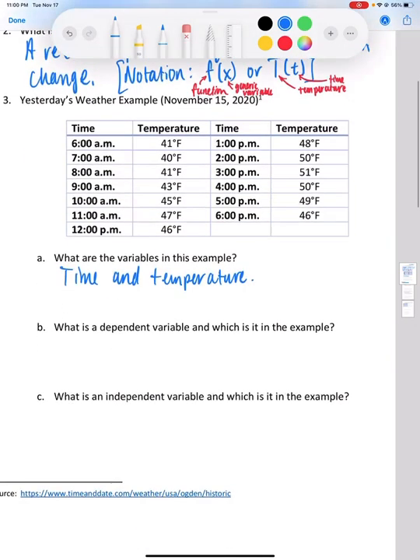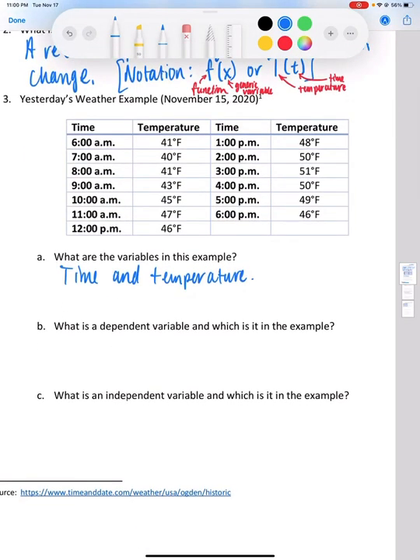Okay. What is the dependent variable and what is it in the example? The key word here is dependent variable. What is a dependent variable? Well, a dependent variable is a variable whose quantity or value depends on another.